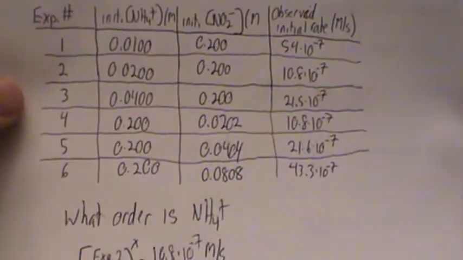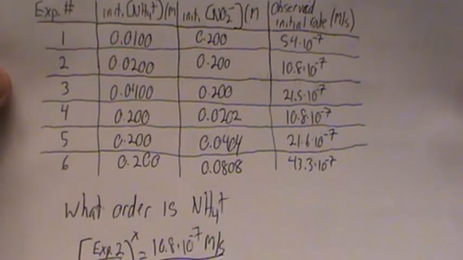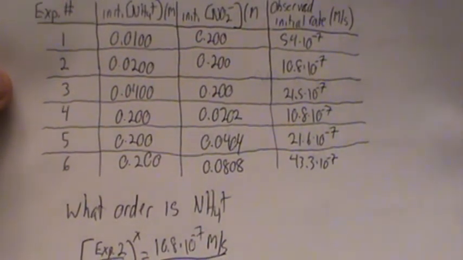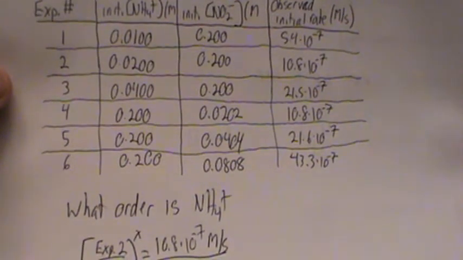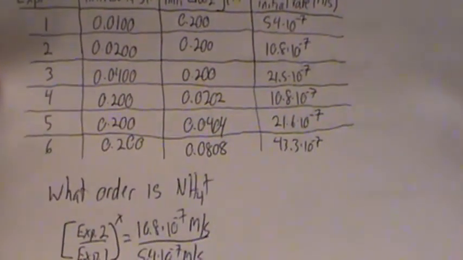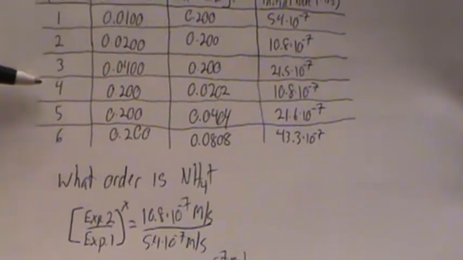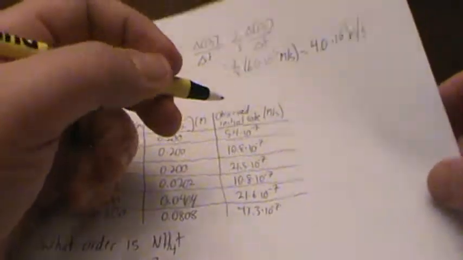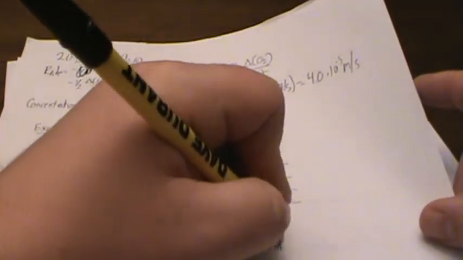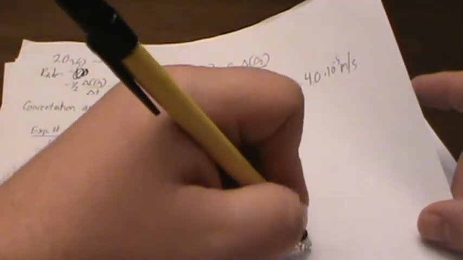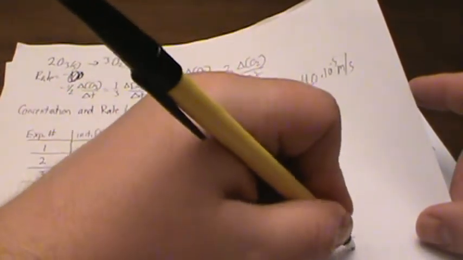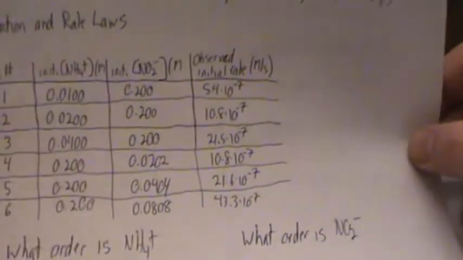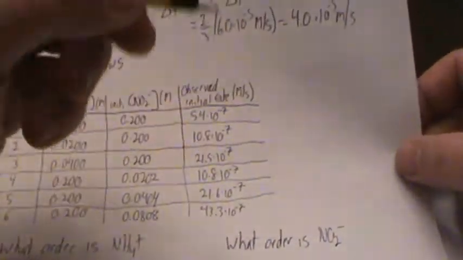Now let's do the same thing for nitrite. Let's pick two experiments where the concentration changes for nitrite, but stays the same for ammonium. So let's use 4 and 5. What order is nitrite?